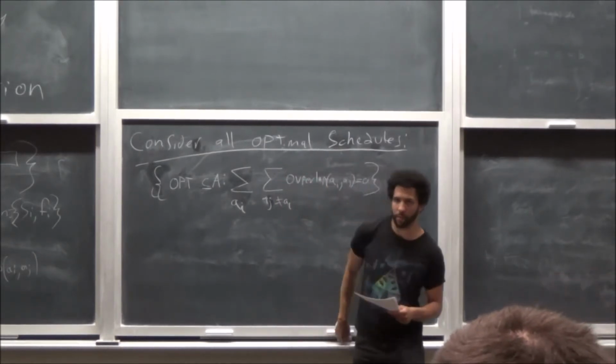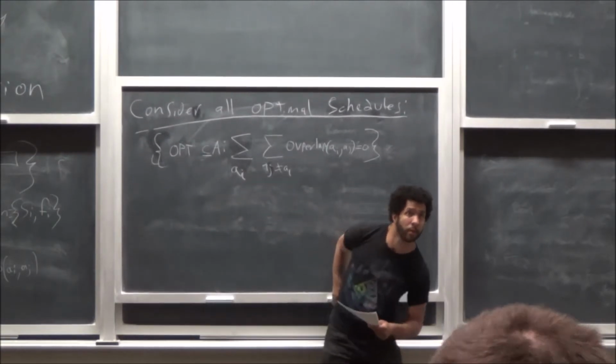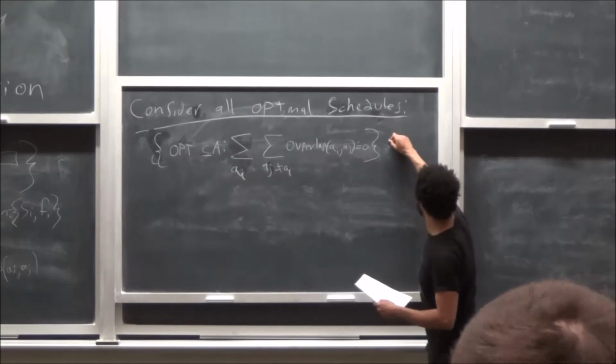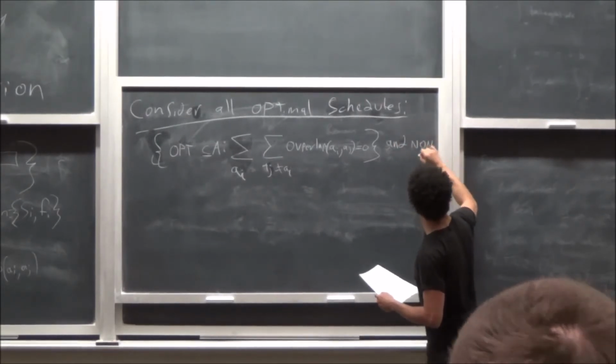Last week someone pointed out that I was missing a property here. Does anyone remember what it was? I forget. This is a pretty good starter. Oh, the empty one, and it's not empty. Non-empty.